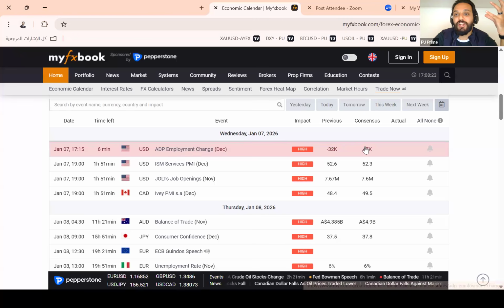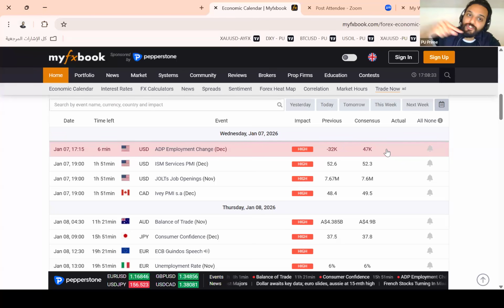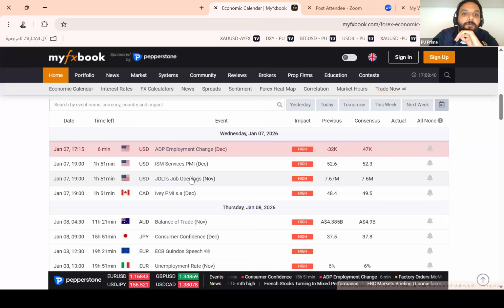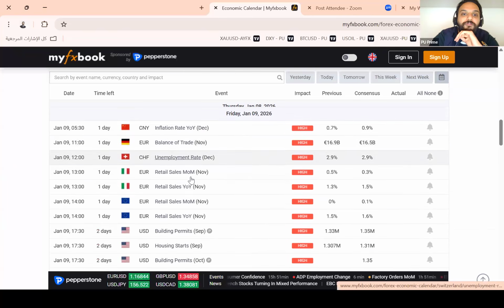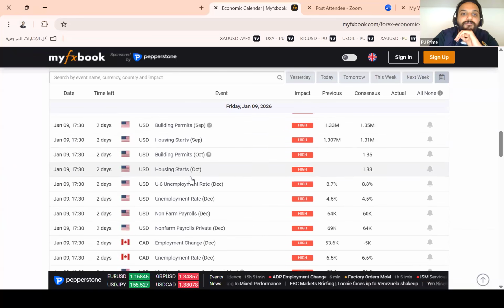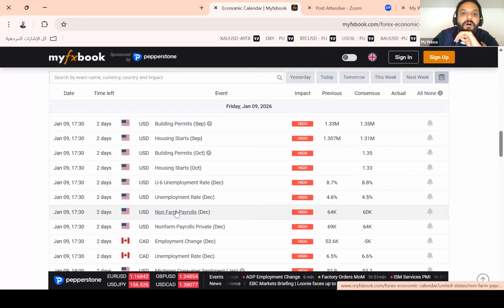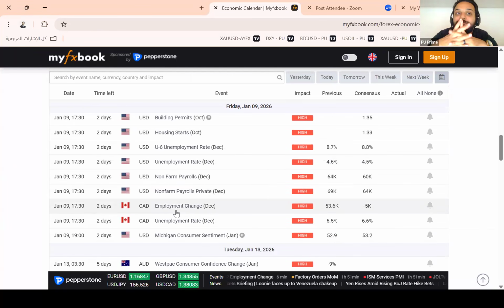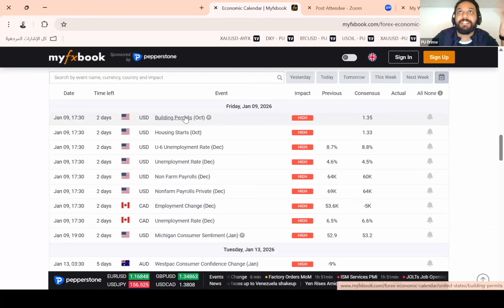If the results are negative for employment, this means the economy is not doing well, and that is bad for the currency, bad for the US dollar, which gives a hike for gold. As you can see, guys, job openings, and on Friday we have the non-farm payroll and unemployment rate. All of these are high impact news because they are key economic indicators.